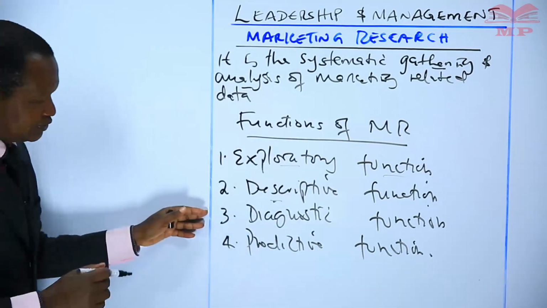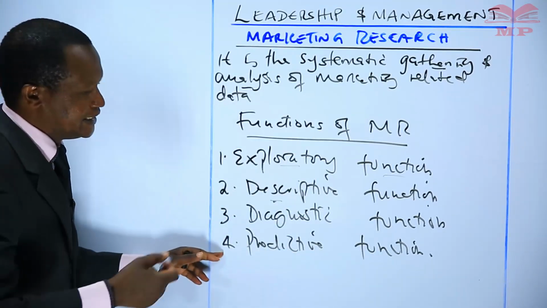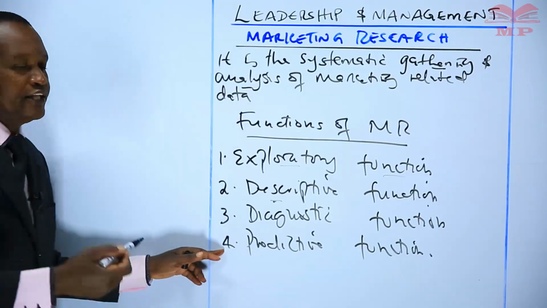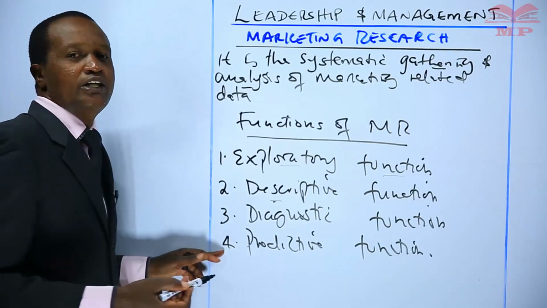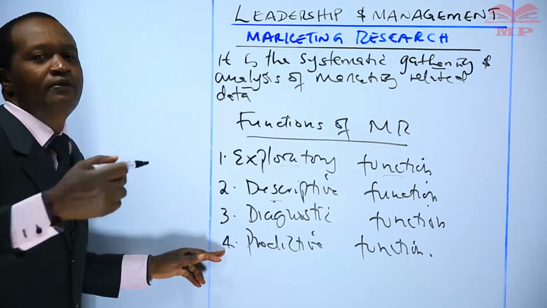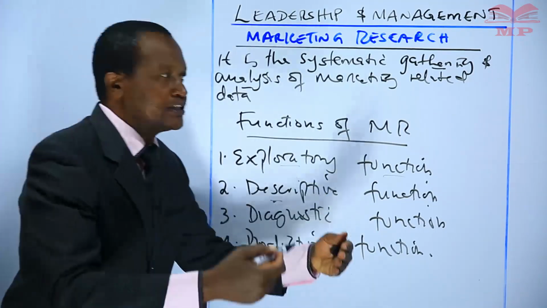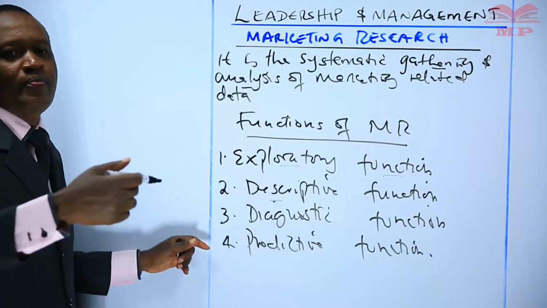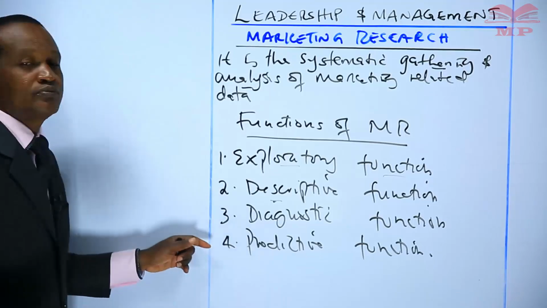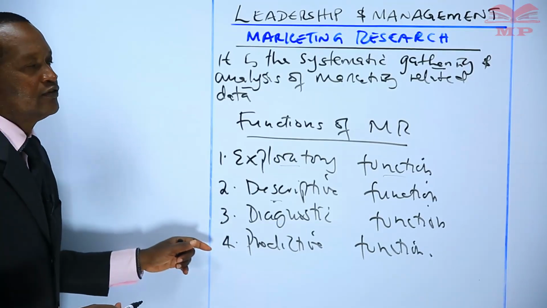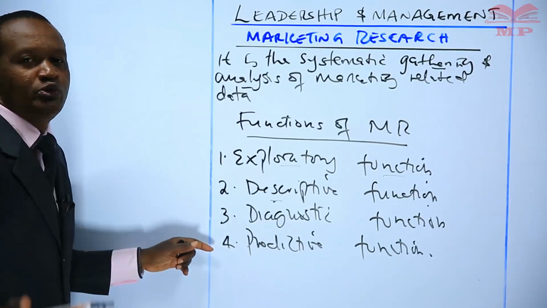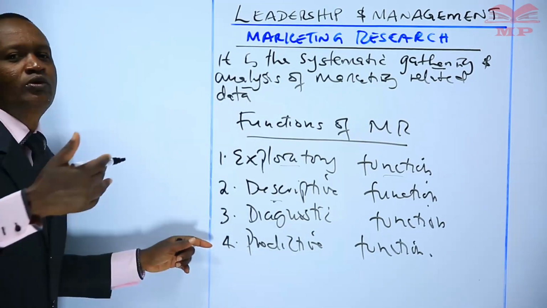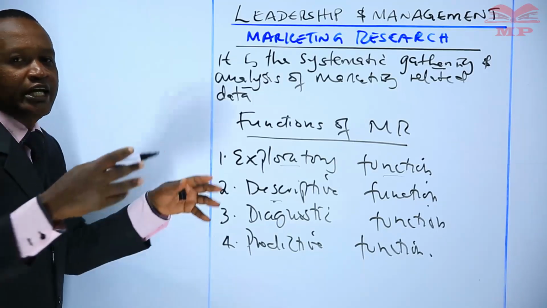The fourth function is the predictive function, from the word predict. The predictive function of marketing research allows data to be used to predict or to forecast the results of a marketing decision or customer action. For example, retailers may use predictive research to determine what items a consumer is likely to purchase together.